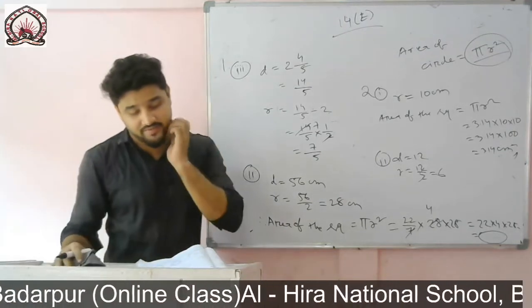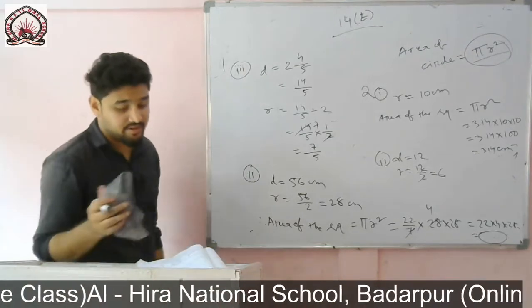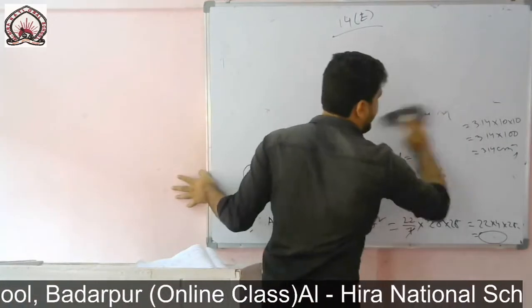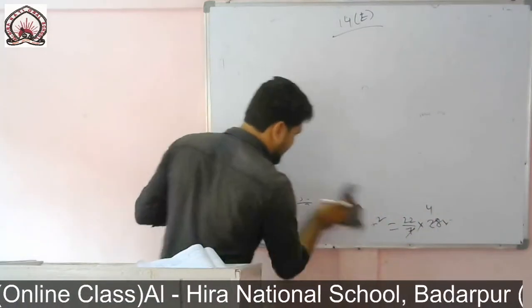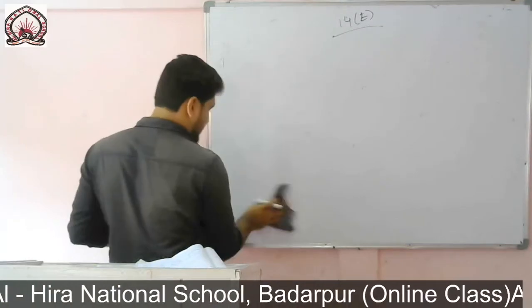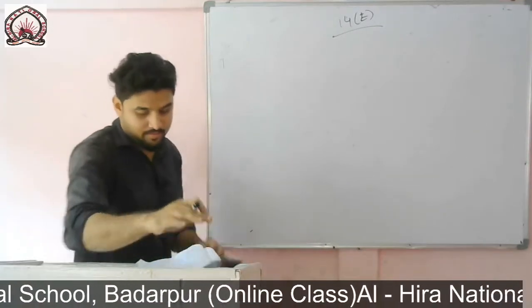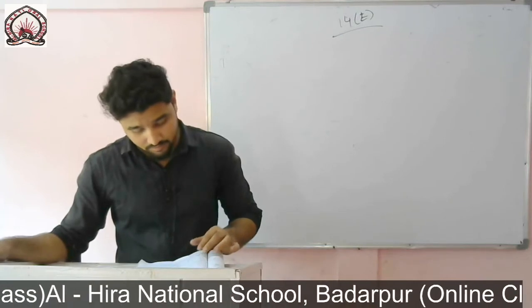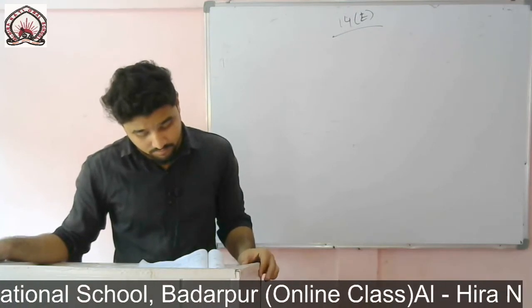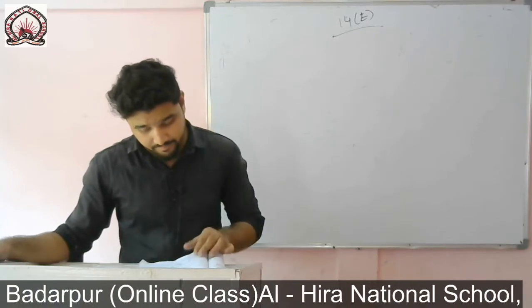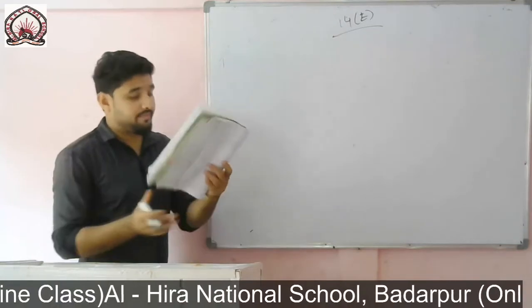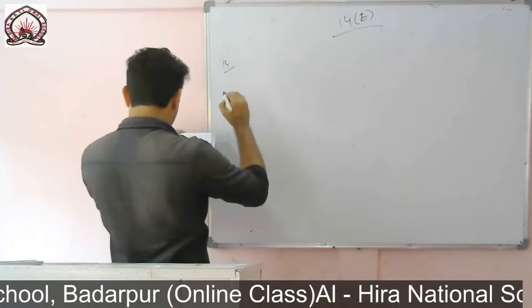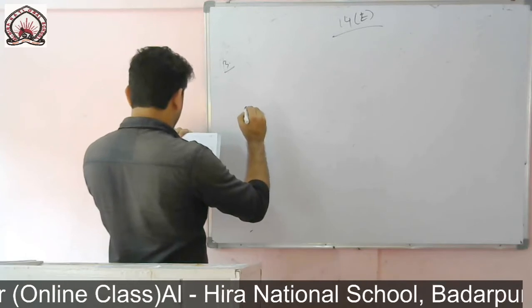Now you see question number 3. Taking pi equals 22/7, find the radii of the circles whose areas are given.